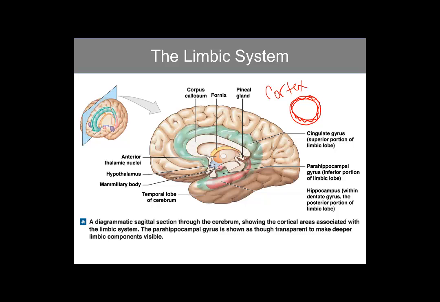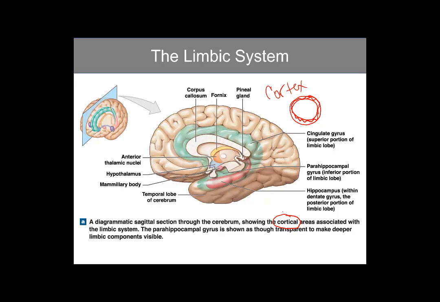And we know that our cerebral cortex is highly wrinkled or convoluted to increase ultimately the surface area of that structure. So within the cerebral cortex, there's a lot of regions of cortex that are associated with the limbic system.